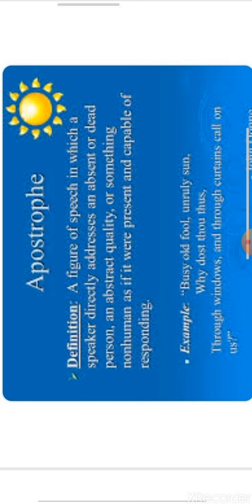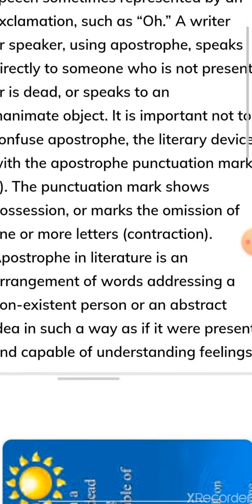Okay, so this is the major difference between apostrophe and personification.